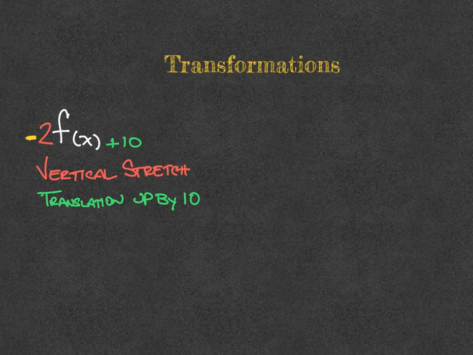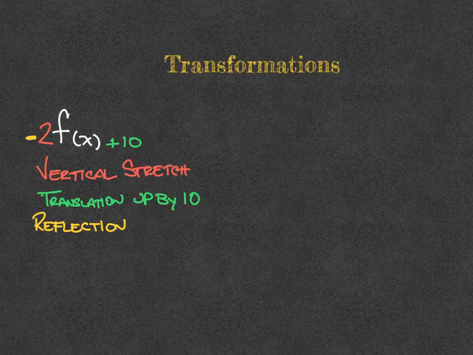What is it going to do? This is going to make a reflection. In this case, because the negative is multiplying everything outside of the parentheses, it is going to be a reflection over the x-axis, or over x, which is the same.